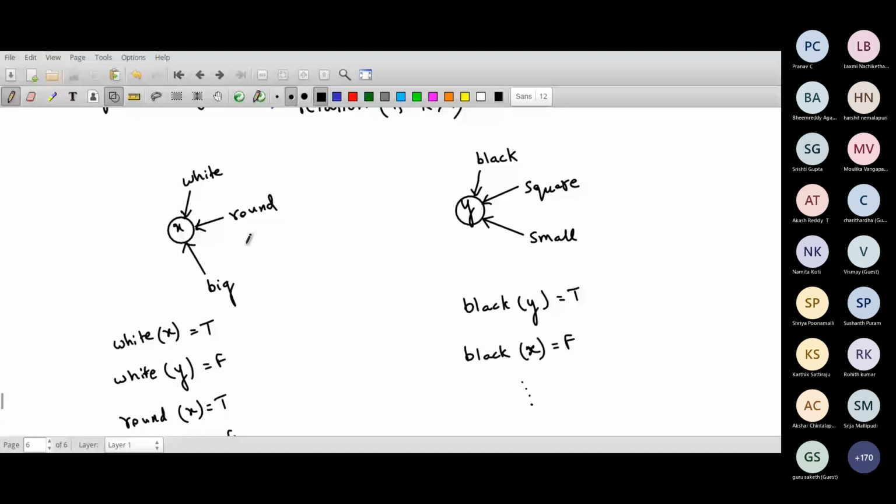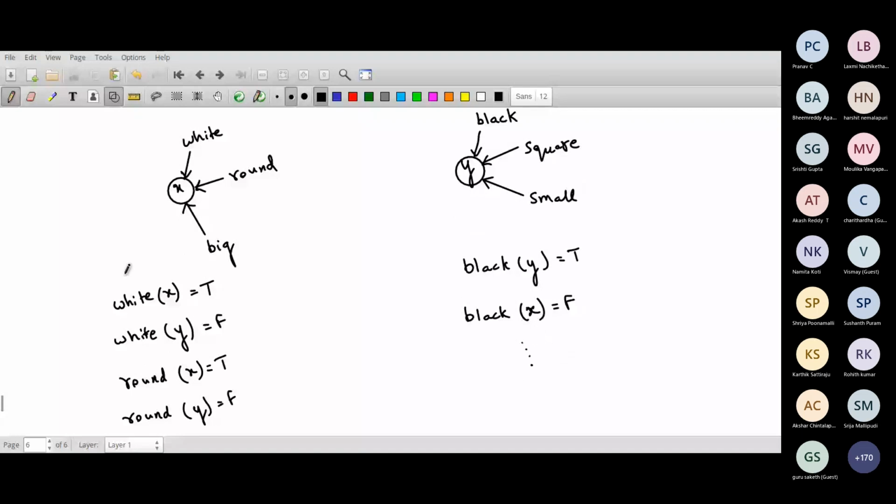So we can mathematically try to capture the properties of an object as predicates, which are functions with only one argument. So each one of these is a function. So white of x, so white is a function which takes an object and sees whether that object is white or not. If that object is white, then this function returns true, otherwise this function returns false. Okay, so each property here can be represented as a function which takes this particular object as input and returns true or false. So that's how predicates work.